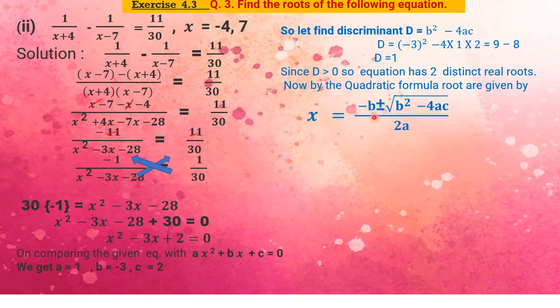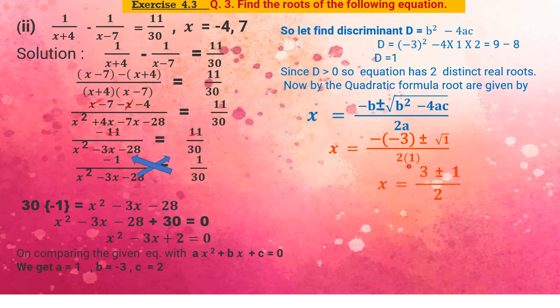So put the values: minus b, that is minus of minus 3, plus minus the square root of b square minus 4ac, which we have solved as D, that is square root of 1. Minus and minus become plus. So we get x is equal to 3 plus minus 1, as the square root of 1 is 1, upon 2.